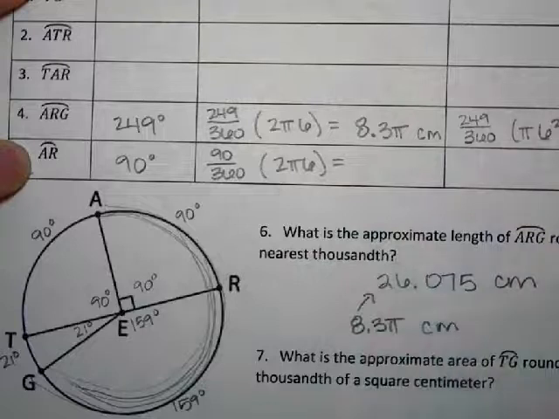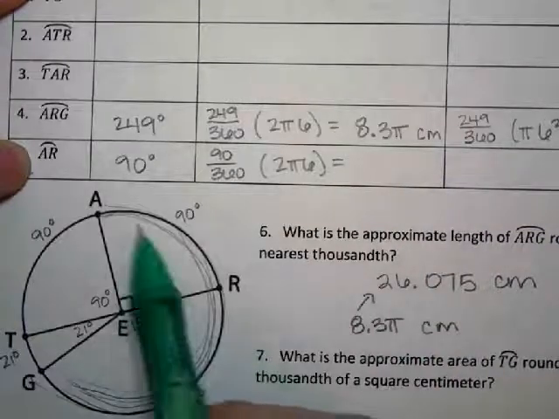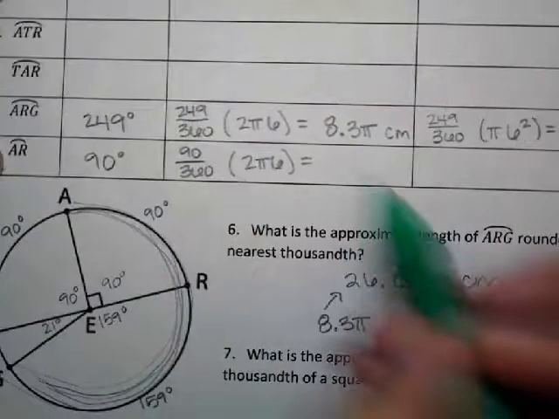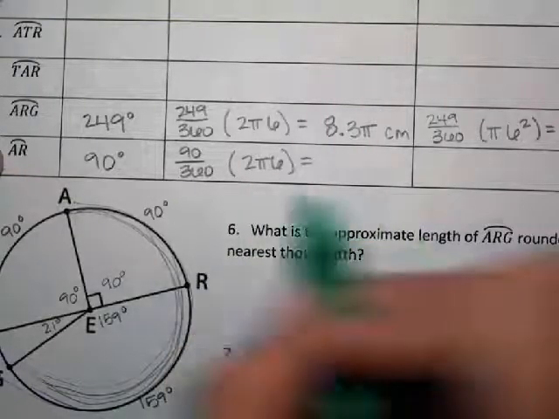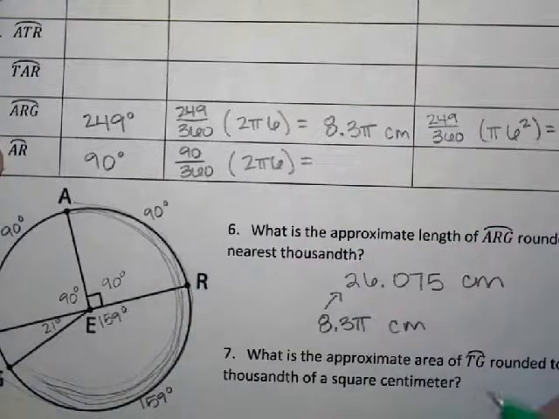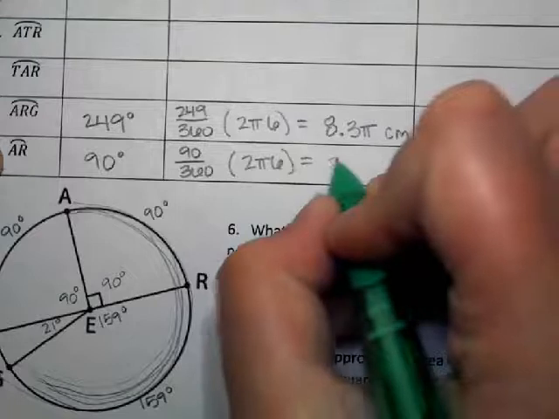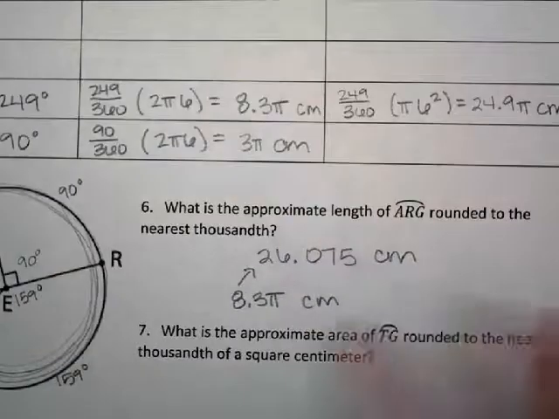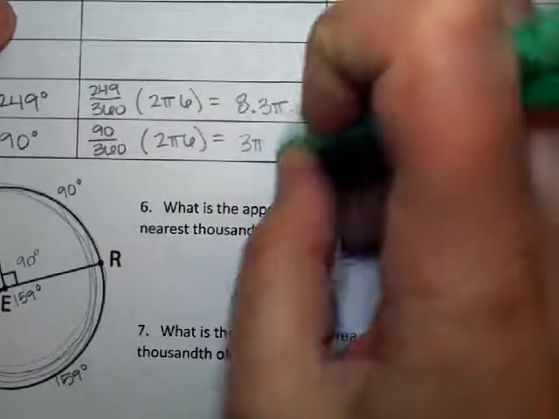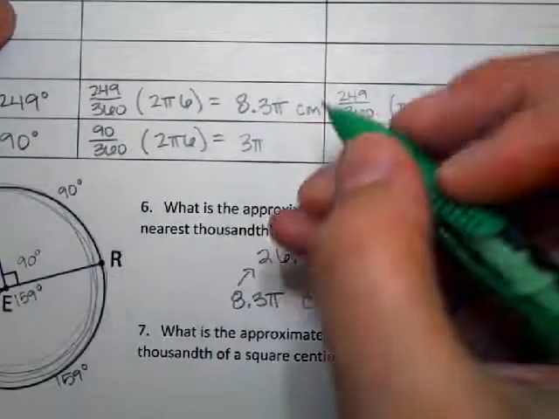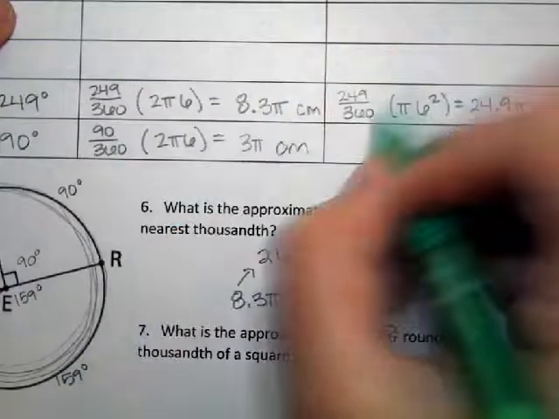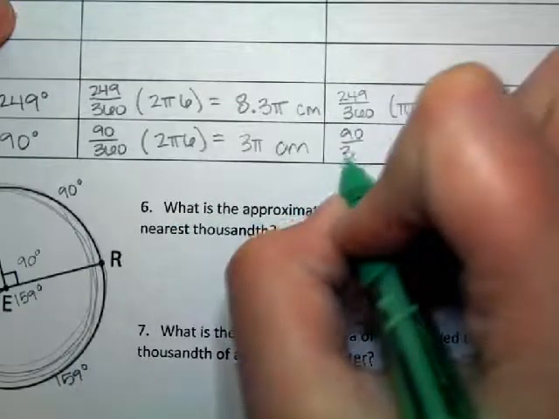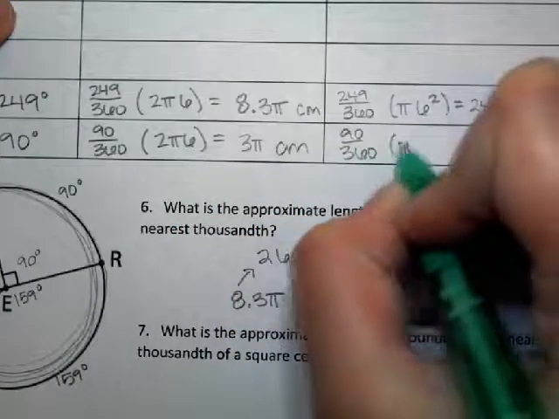We don't even really need our calculators for that. We can tell that's 1/4 of the circle. So 1/4 of 12 pi is 3 pi centimeters. And then 90 out of 360, so 1/4 again, pi times 6 squared.